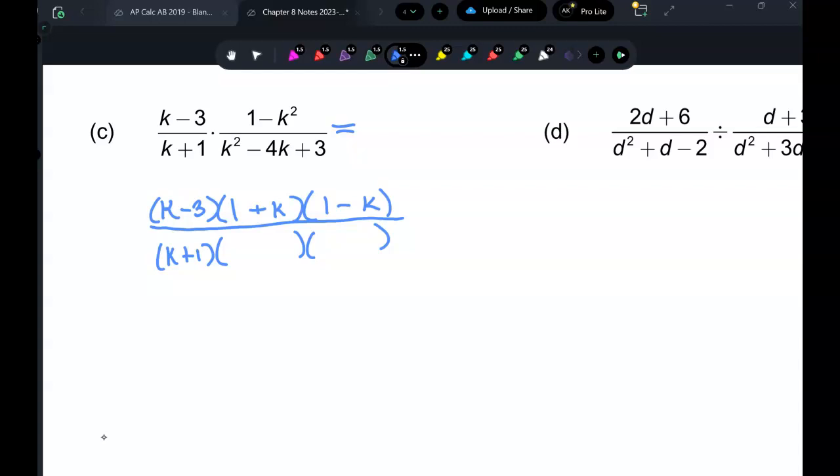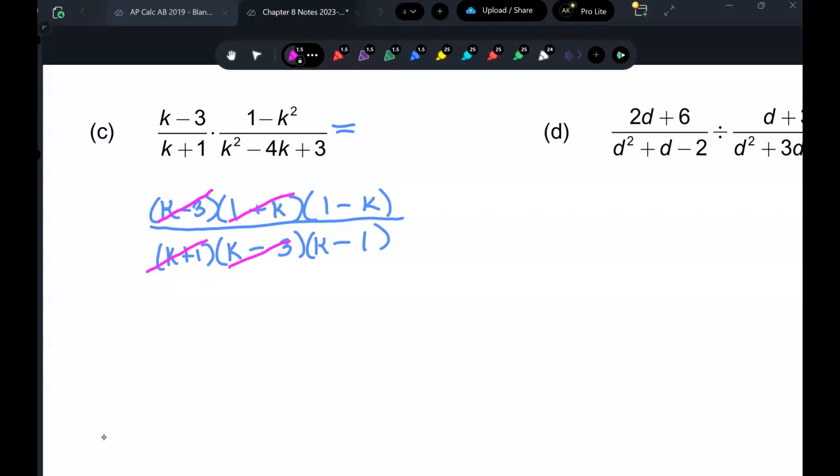What happens with the k squared minus 4k plus 3? So what 2 numbers multiplied to give us positive 3 and add up to negative 4? So that means I'm going to have a minus 3 and a minus 1. All right. What can we cancel? You can cancel out the k minus 3, and the 1 plus k, and the k plus 1.